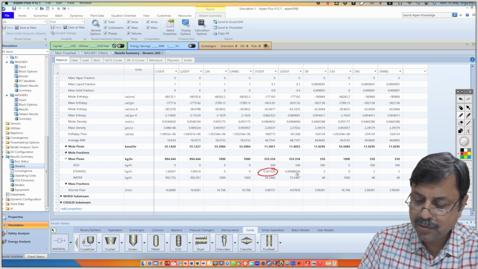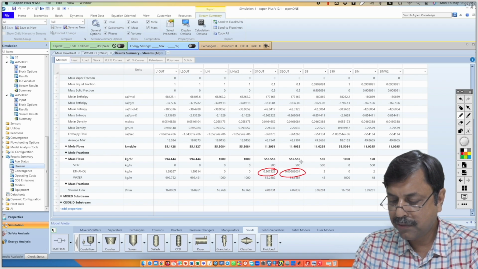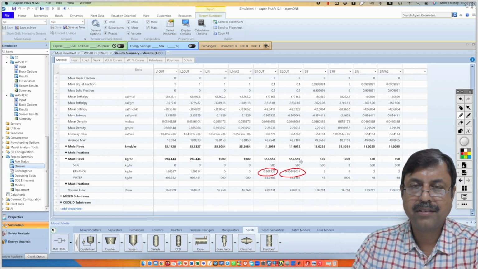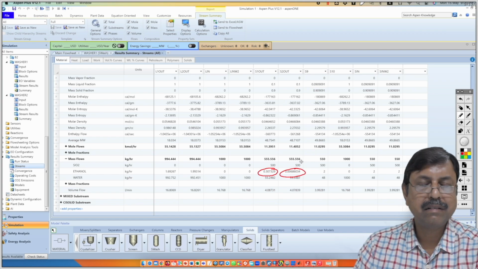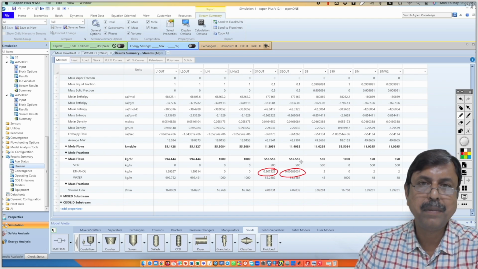But what about S2 out? It is 0.0068 kg. So almost nothing. So with extra stages, you have been able to wash more and more of the dissolved component out of the system. Okay. So with more stages, washing will be better. So that's what it means.